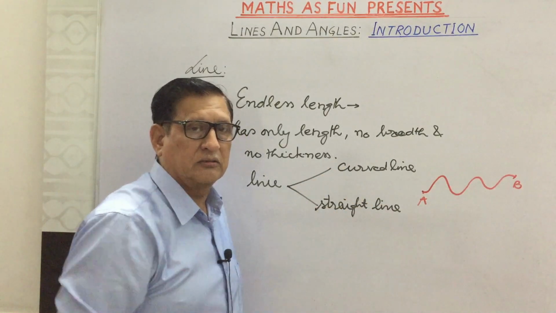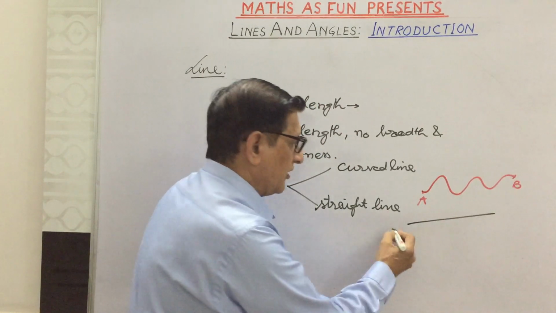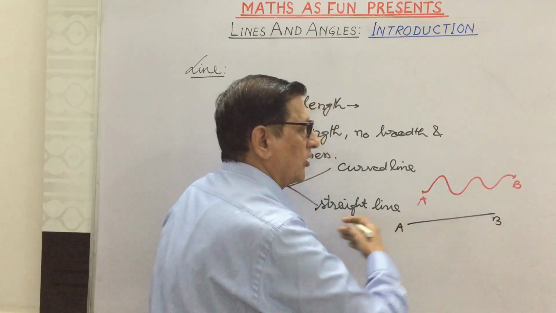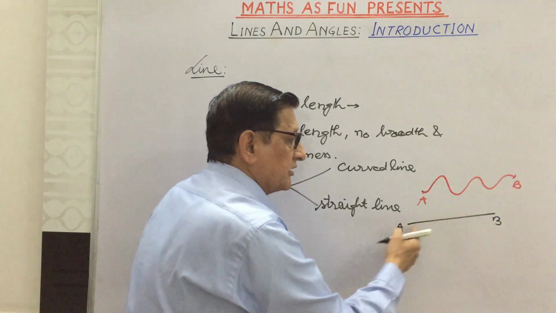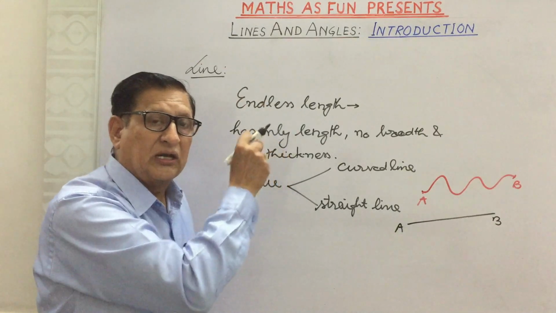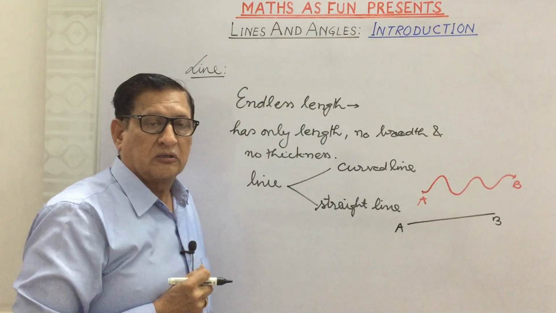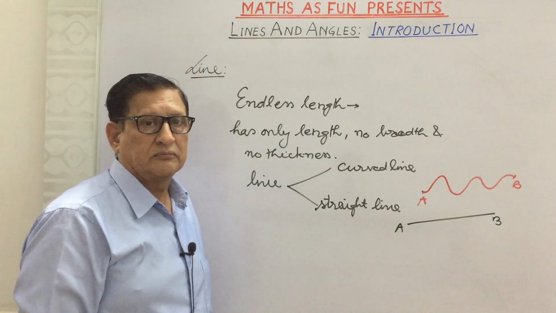That is a curved line. And if there is no change in direction from one point to another, or maybe of infinite length, it is a straight line. So when we talk about the line in this particular video, it will be only about a straight line.